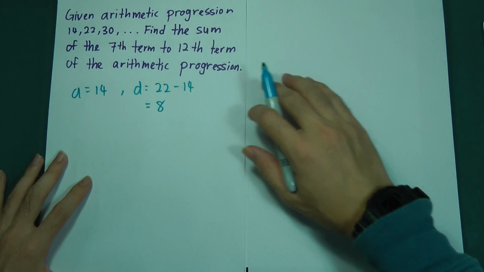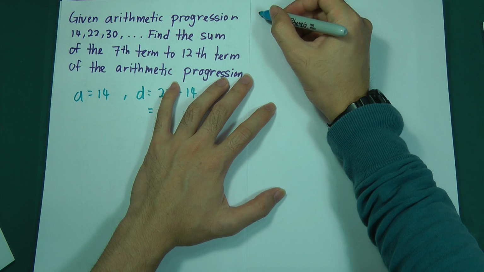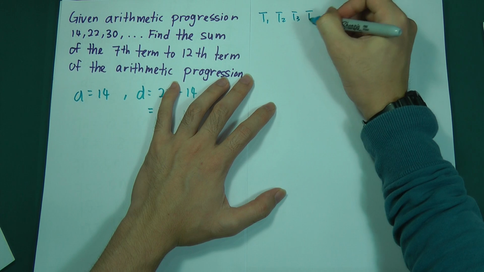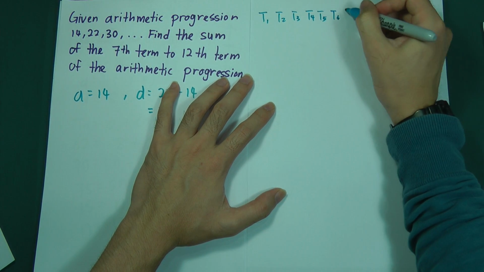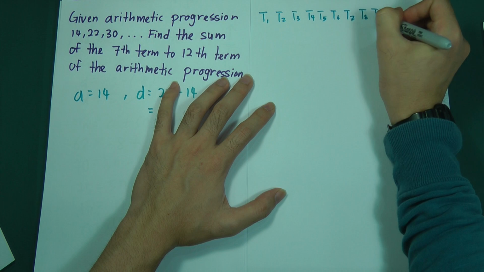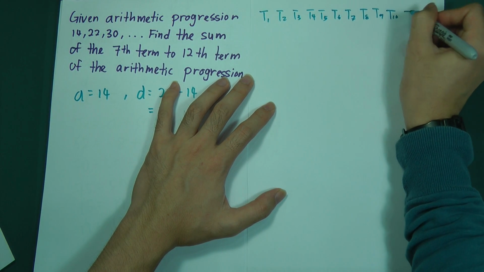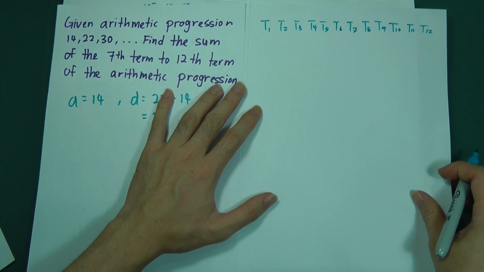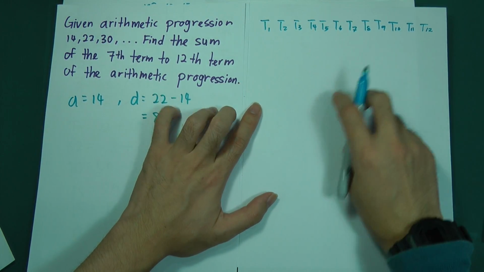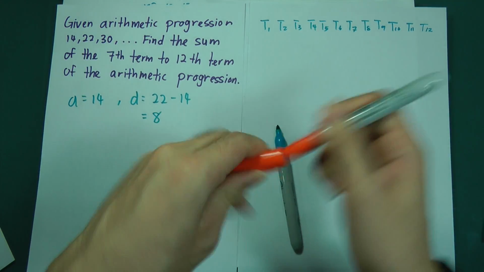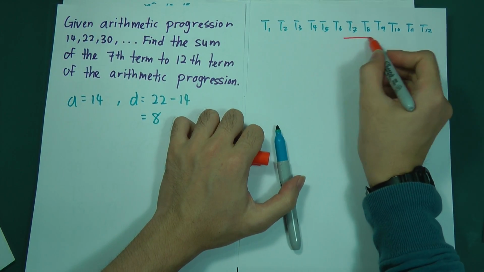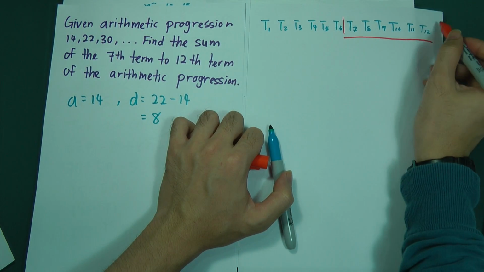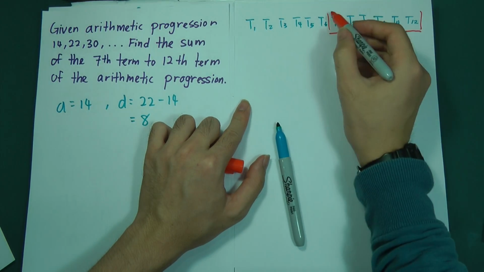So let's say over here we have T1, T2, T3, T4, T5, T6, T7, T8, T9, T10, T11, T12. Now what he wants is from the 7th term until the 12th term.